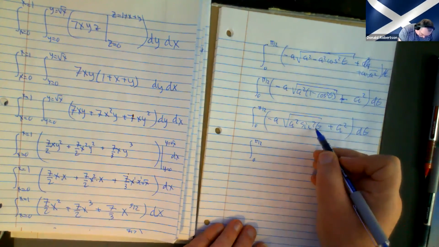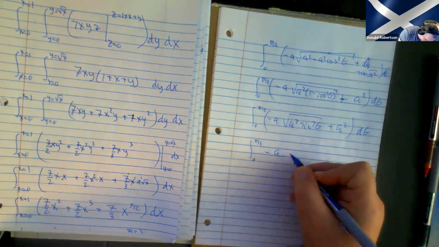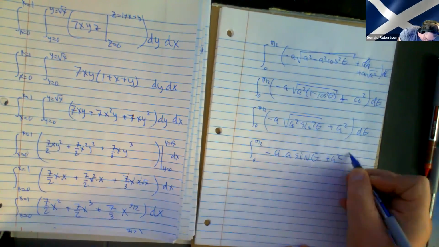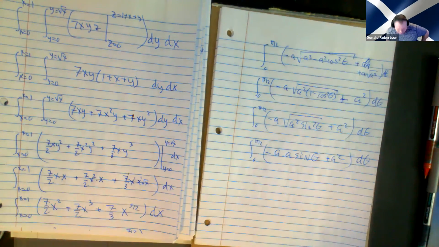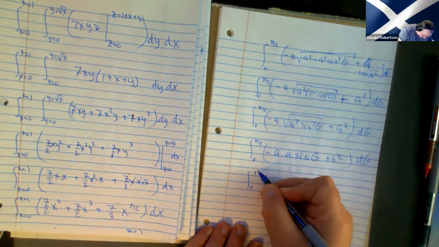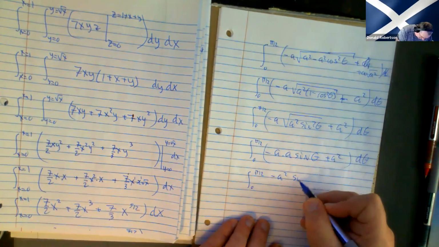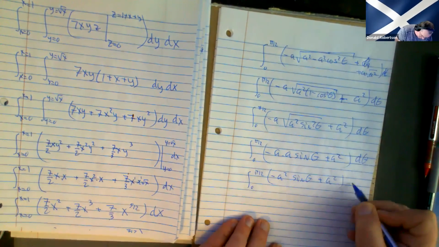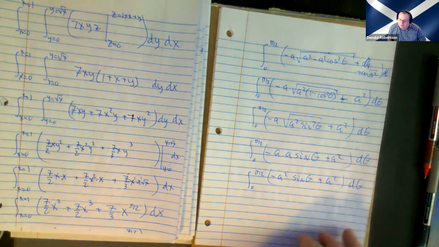And the square root of a squared sine squared gets you a sine theta. So far, so good. I'm going to combine these two together and get negative a squared sine theta plus a squared.